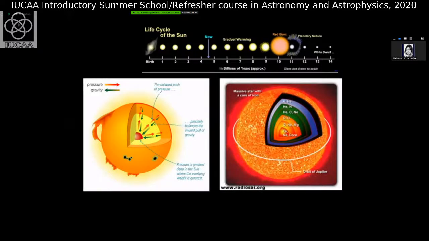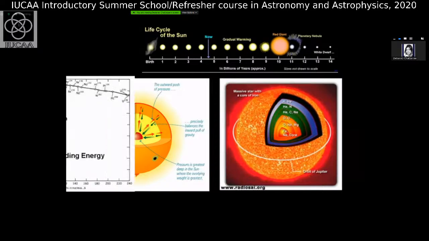On the other hand, for massive stars, like you can see on the right-hand figure, massive stars allow evolution to continue, producing more and more massive elements in the periodic table. So from hydrogen to helium, then neon, carbon, oxygen, until iron is produced at the center.